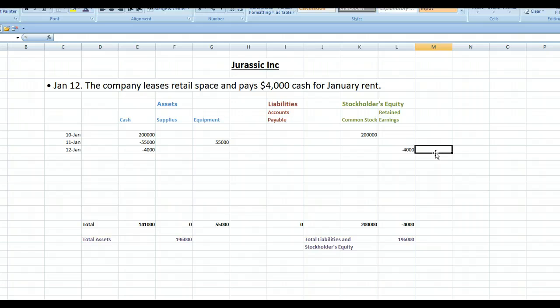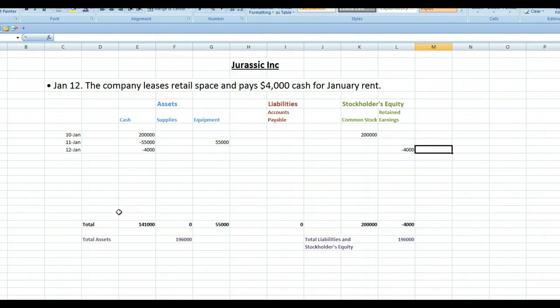By now you would have noticed that some transactions affect two sides of the equation, like this one. This one affected the asset side and the stockholders' equity side, so both sides of the accounting equation. The previous transaction only affected one side of the equation.